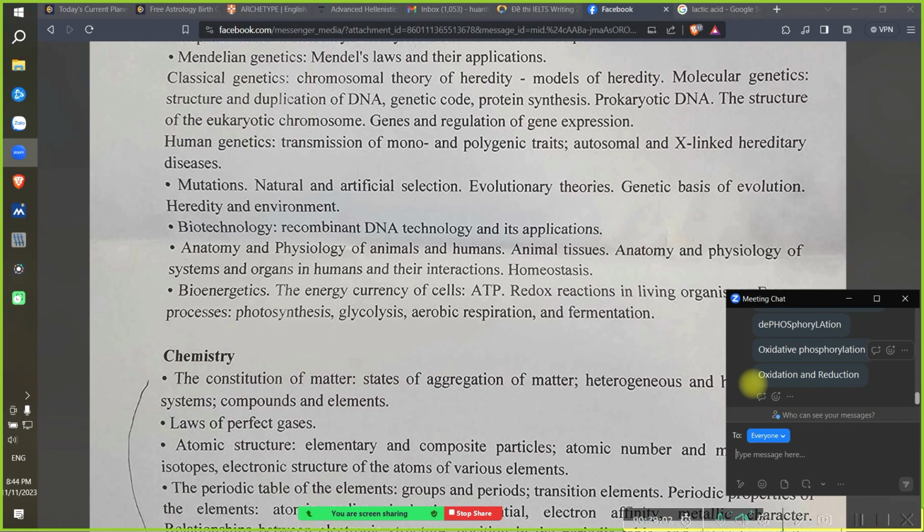So whenever we see electrons on the left side of the chemical reaction, it is reduction. And if electrons are on the right side, it is oxidation. For example, the conversion of glucose into pyruvate is an oxidation reaction.